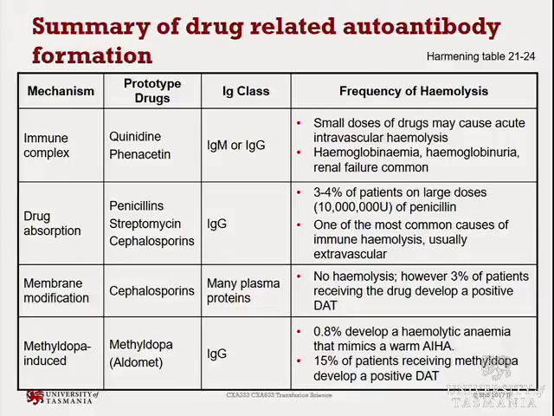But if it's a drug-related one, then you're not going to be able to identify it. It won't identify as an antibody unless it's this one down here, caused by Aldomet, which is an antihypertensive medication. It can mimic autoantibodies of the rhesus system, and you'll learn about that next semester as well.